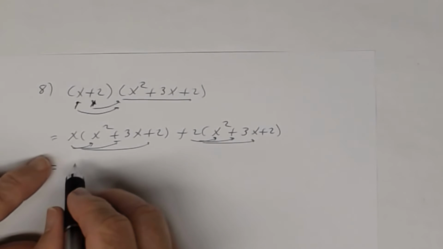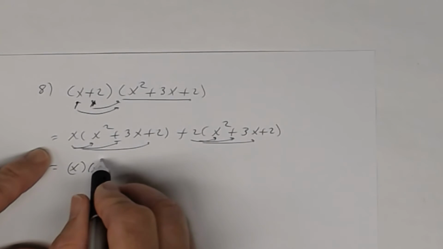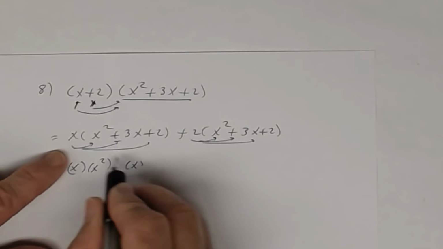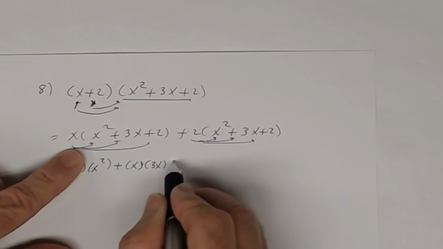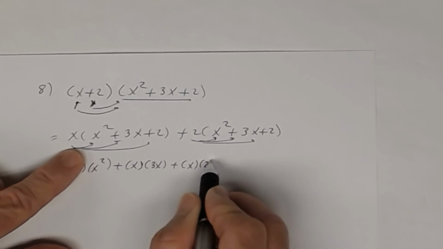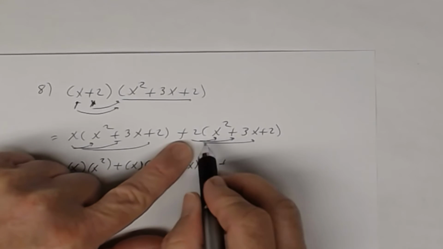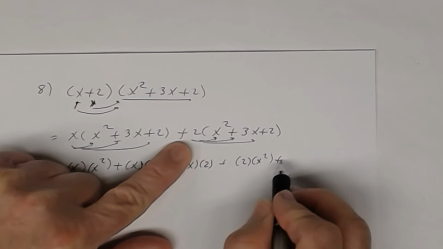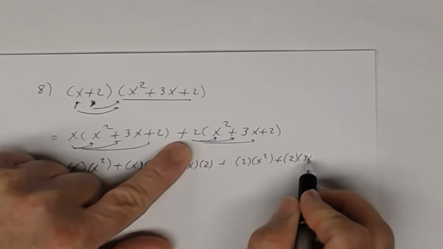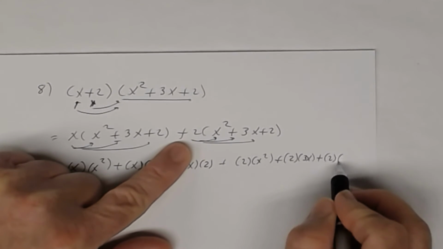So mentally, you're saying x times x squared plus x times 3x plus x times 2. Over here, you're saying 2 times x squared plus 2 times 3x plus 2 times 2.